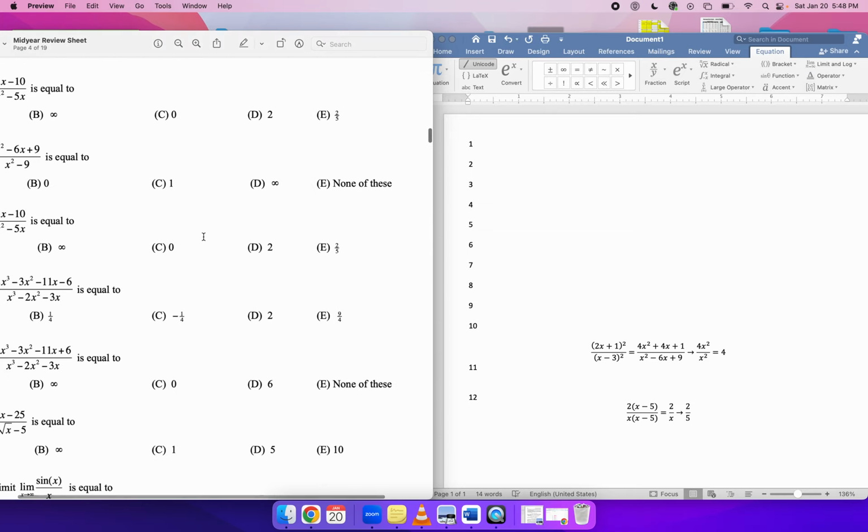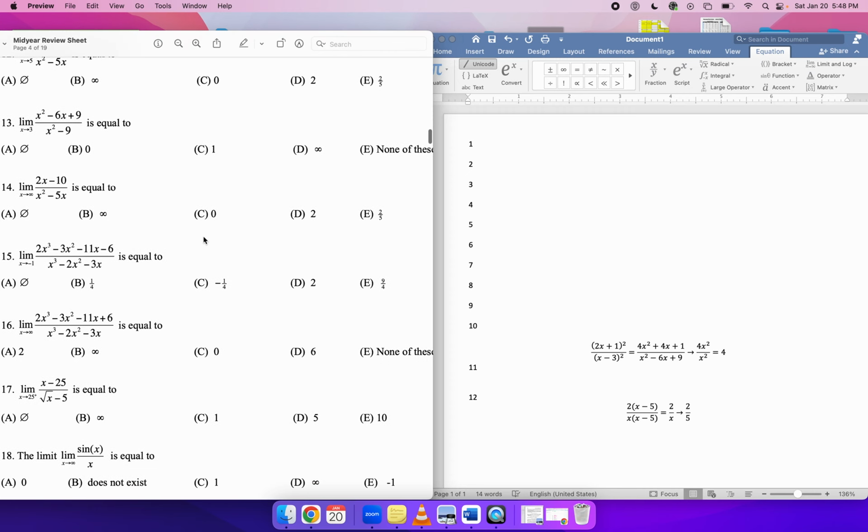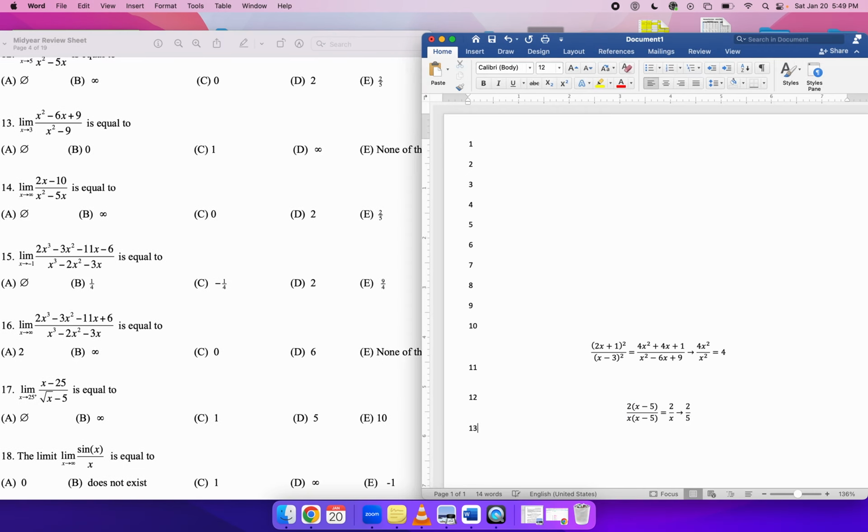Number 13. Limit as x approaches 3 of that expression, again, you should plug 3 in first. I think you get 0 over 0, which means, again, you could use L'Hopital's rule, or you could try to simplify. This time I'll use L'Hopital's rule just for fun.